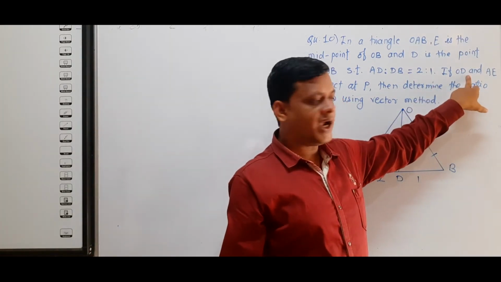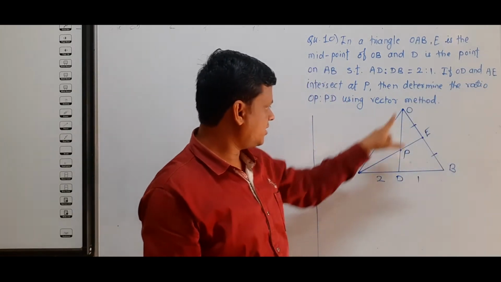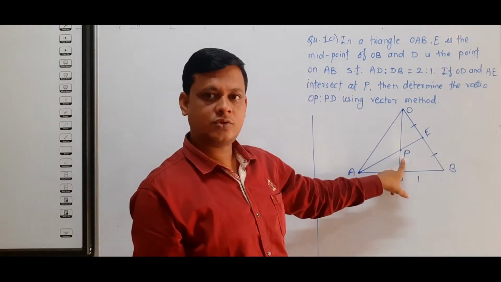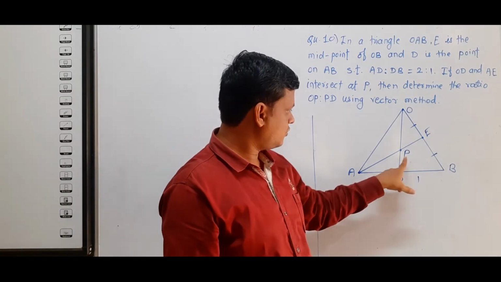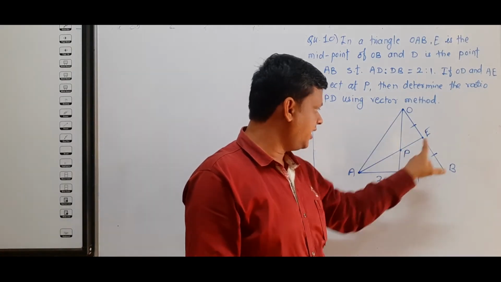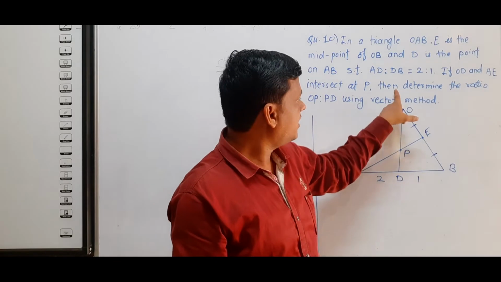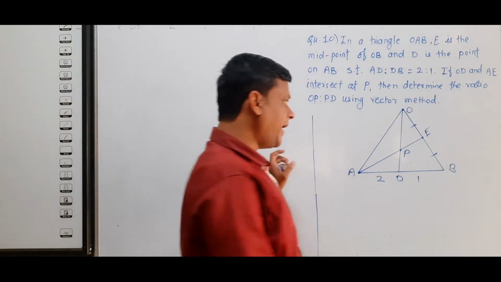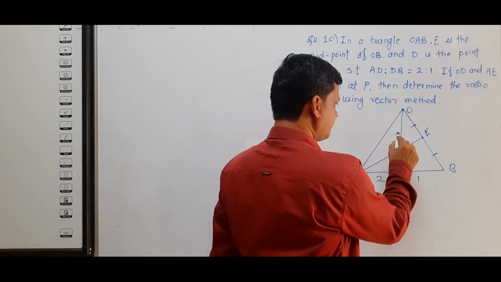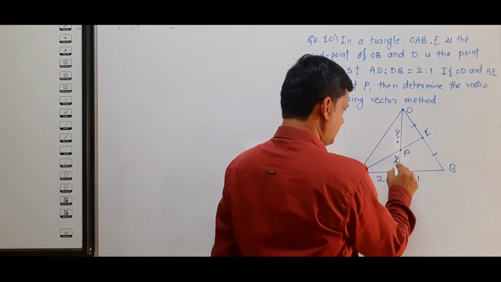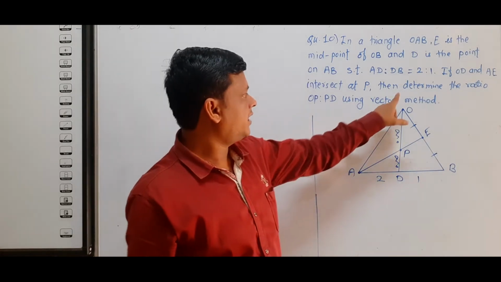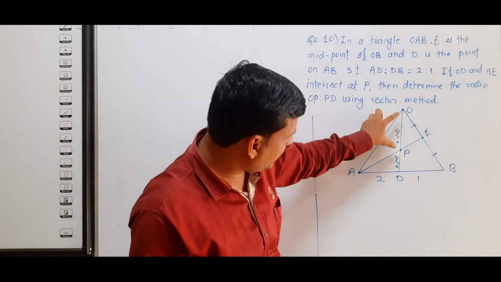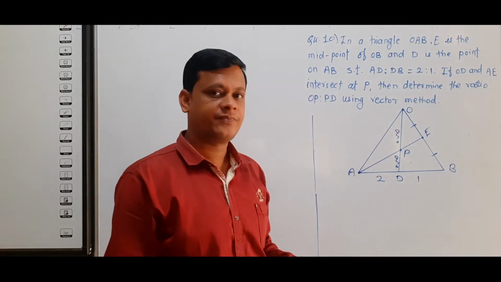If OD and AE intersect at P, so we show here OD and AE intersect at point P, then determine the ratio OP is to PD. So we have to find this ratio using the vector method.